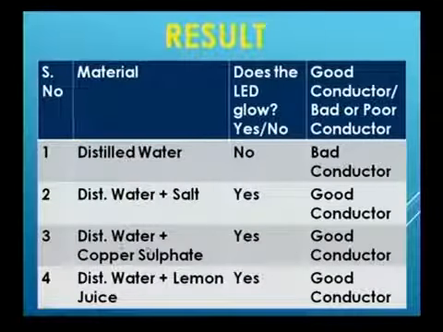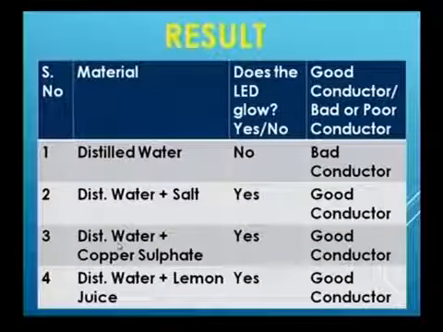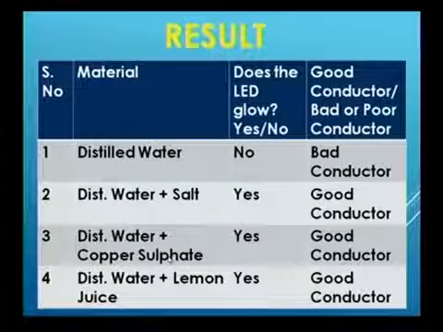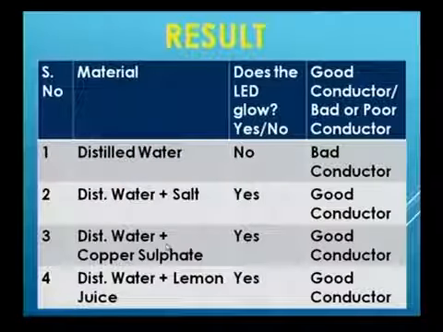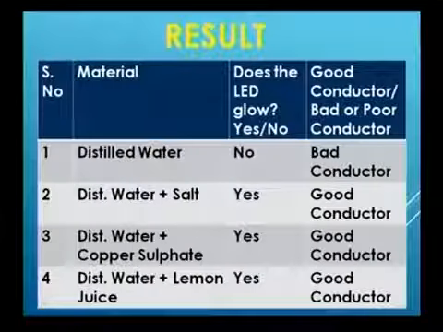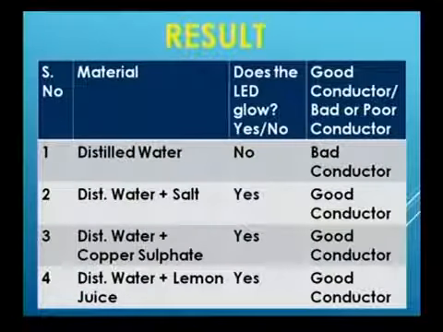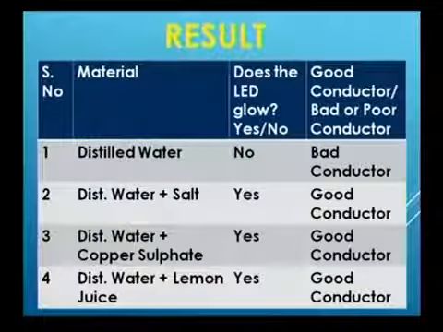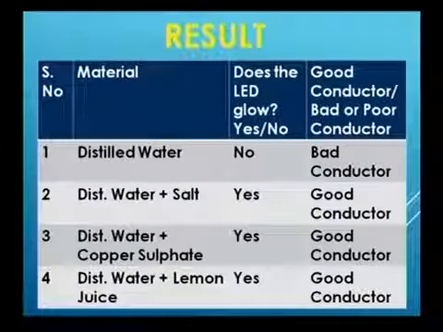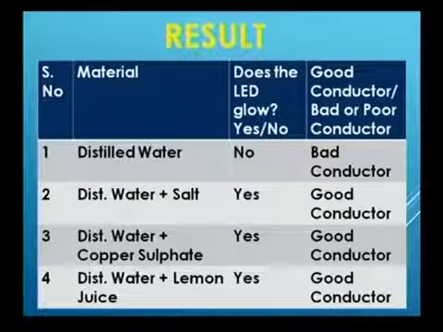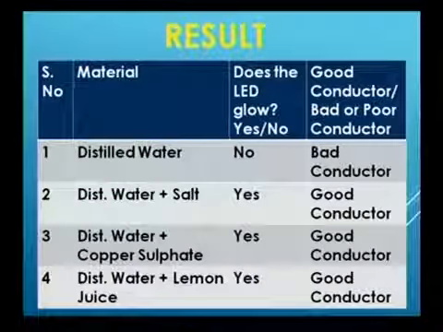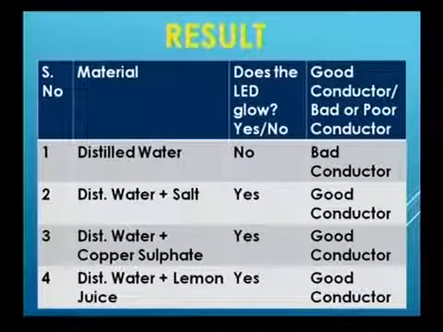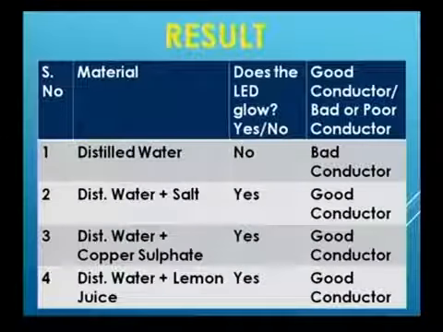And the third one is distilled water with copper sulfate. When we do that experiment with distilled water with copper sulfate, we observe that the LED bulb glows. So, we ask, does the LED bulb glow or not? Yes, the LED bulb has glowed.